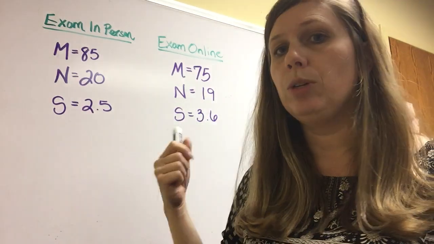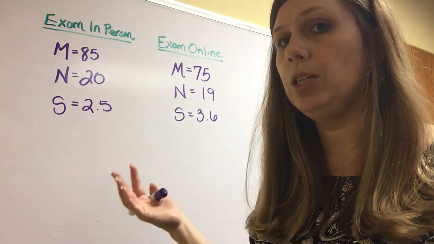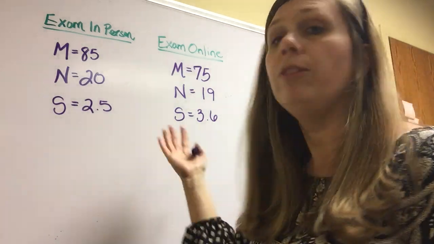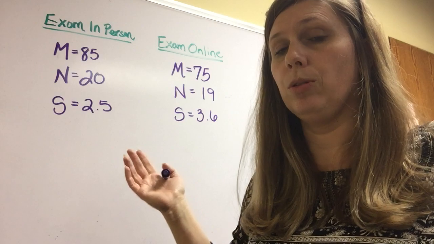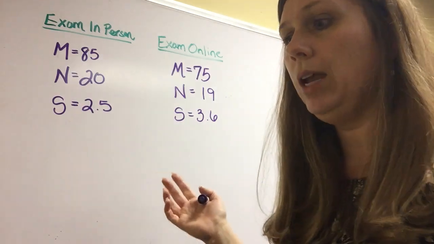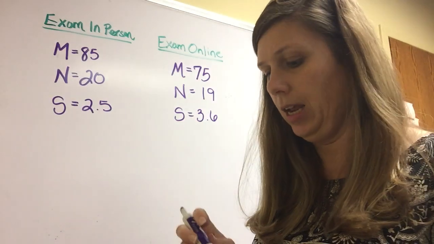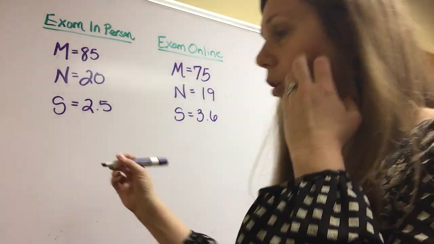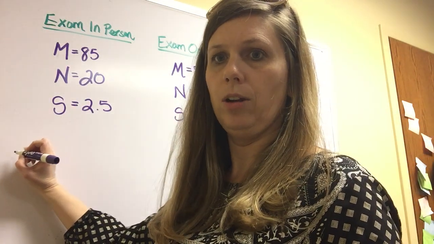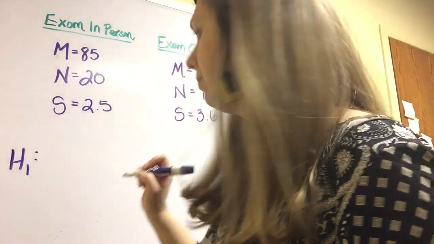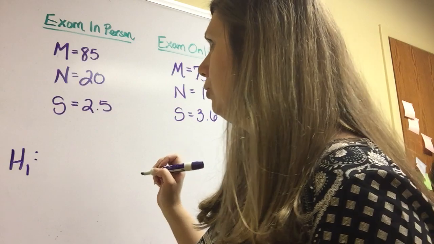I'm going to say that we don't really have a direction in mind here, so we're just going to say that we think there will be an effect of whether it's in person versus online, but we don't know which way. So you might already know that that is going to be a two-tailed test. For my research hypothesis, H1, I probably do need to say who's mu1 and mu2.